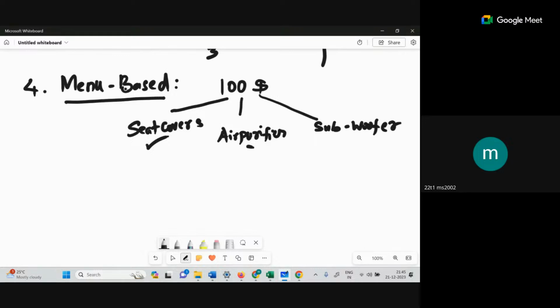Some people, especially the millennials, the young people, prefer the woofer to hear loud music. So based on this fixed amount of $100, which attribute is more cozy to the customer? Which does he prefer, seat covers or air purifier or subwoofer, for the given money? Similarly, you can understand which attribute is more significant for a customer through this menu-based analysis and so on, right?